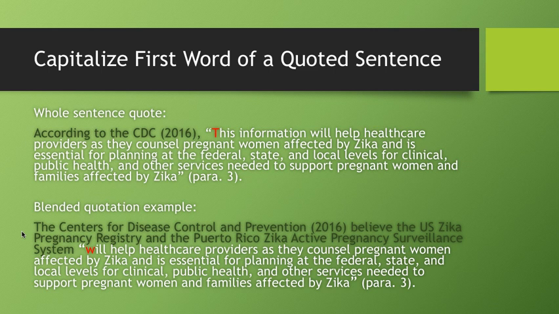You would not capitalize the beginning of the quotation, because it is part of the grammatical structure of my sentence. What I have in green here is my wording, and then I blend into the quote, which is in white here. Because the quote is not a full sentence on its own, will help healthcare providers, etc., is not a full sentence, I would lowercase the W.